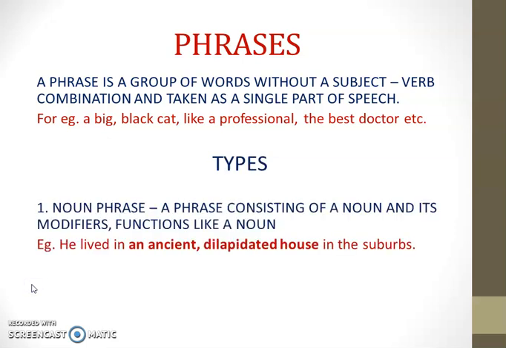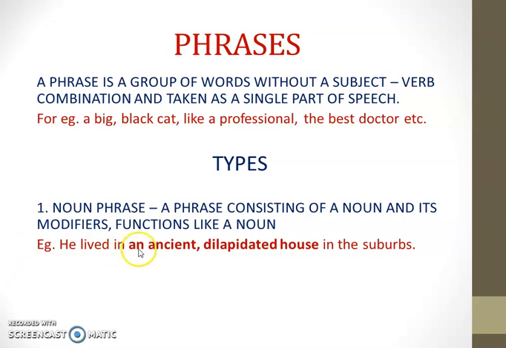Let's take a look at the different types of phrases. The first type is noun phrase. A noun phrase is a phrase consisting of a noun and its modifiers. Modifiers are the words that modify a noun. And the speciality of a noun phrase is that it functions like a noun. Let's take the example sentence. He lived in an ancient, dilapidated house in the suburbs.